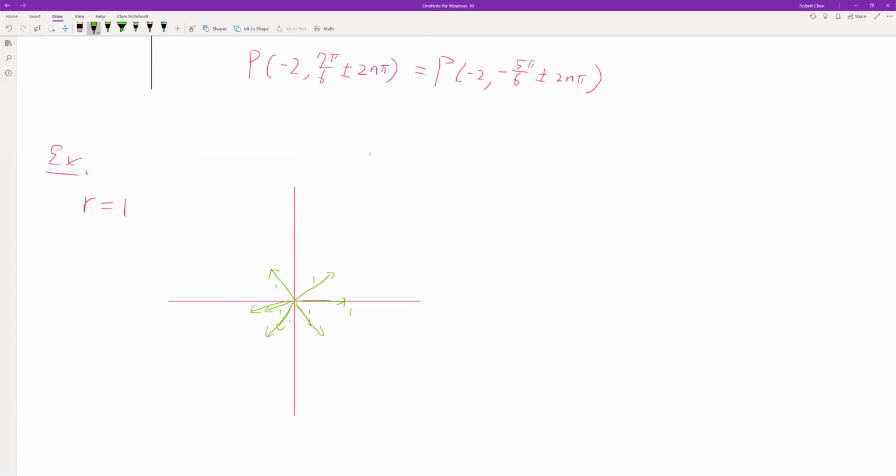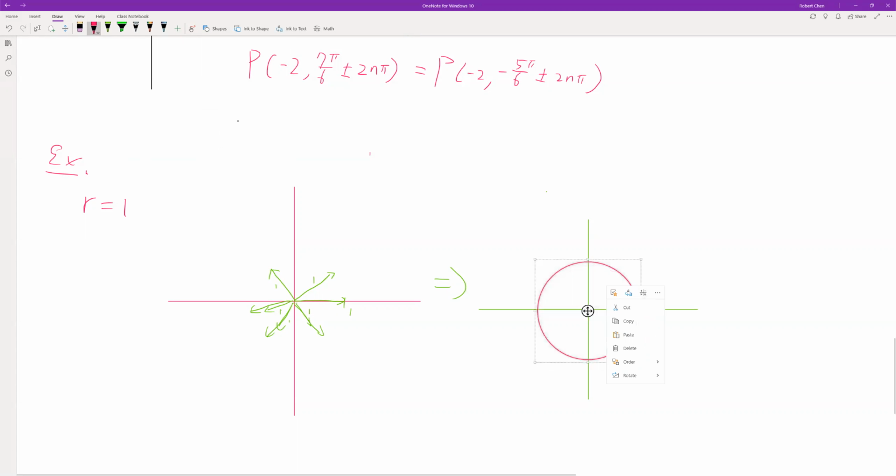Okay, so actually when we have r is equal to some constant, it represents a circle of that radius, right? And basically what it's telling us is that the radius is equal to 1. So if we have radius equal to 1, we just have a circle with radius 1, right?